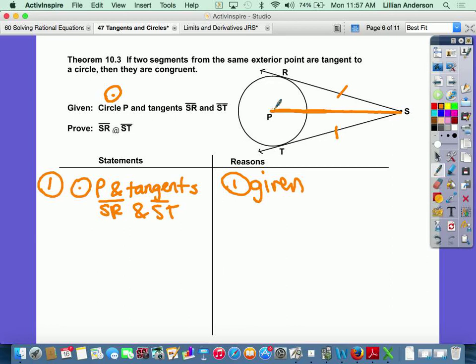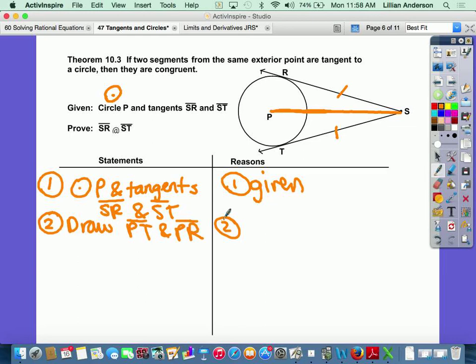Yes, like what? The radius. Okay? So that's what I'm going to do. I'm going to draw in PT and PR.